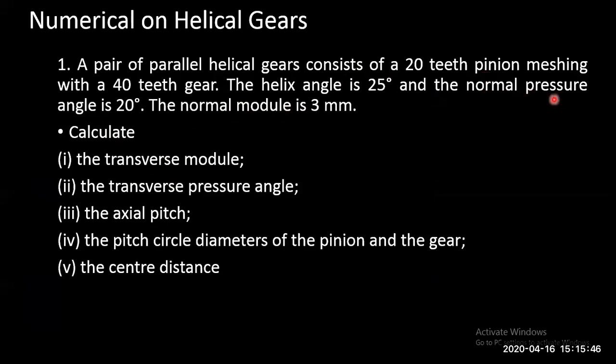So you need to designate this also as alpha n. Thereby you need to reduce these values before we go into the actual problem. That's why this numerical is easy and given as a prerequisite, so that you can know the difference between normal pressure angle and the transverse. Normal always means that it is for the virtual gear, right?